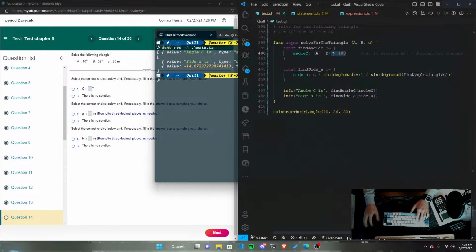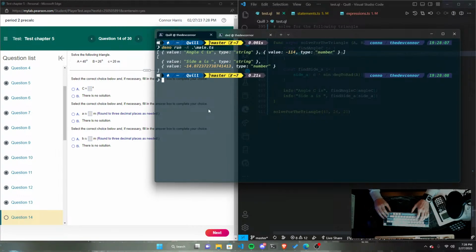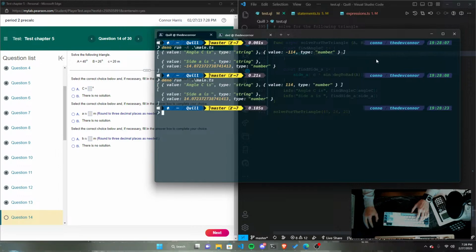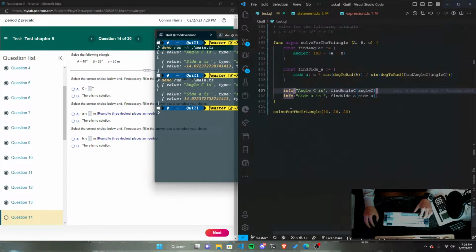Oh, we need to flip this. So we do 180 minus 144. Let's use trace instead, give it a bit of a nicer format maybe.